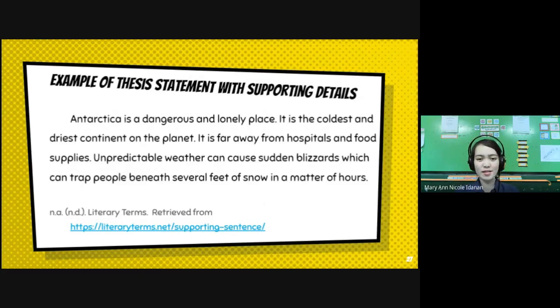So definitely this type of thesis statement is more applicable for researches or long theses or dissertations. But in your case, since we are just going to create a thesis statement for essays, for me, it is just acceptable to have one sentence or 1 to 2 sentences. So if you're going to write a thesis statement, 1 to 2 sentences is enough.